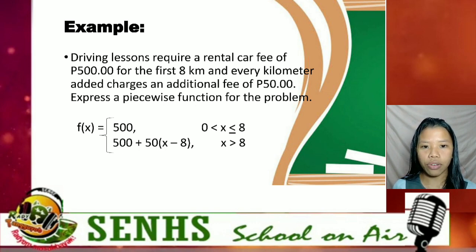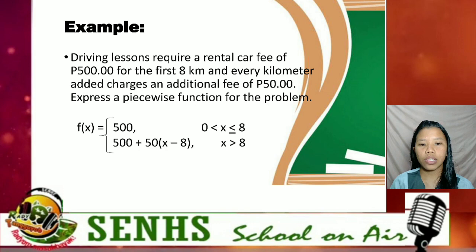And we have the condition of 50 pesos additional charge if and only if the car exceeds 8 kilometers. That makes our second equation f(x) = 500 + 50(x - 8), where x is the distance traveled by the car.